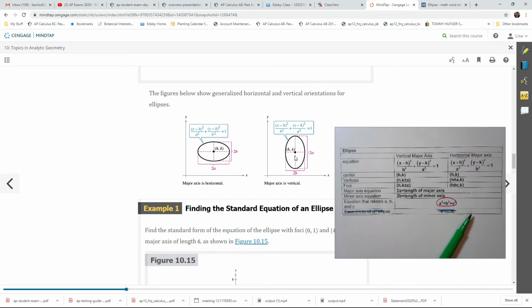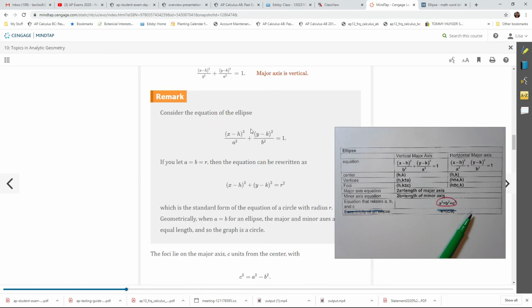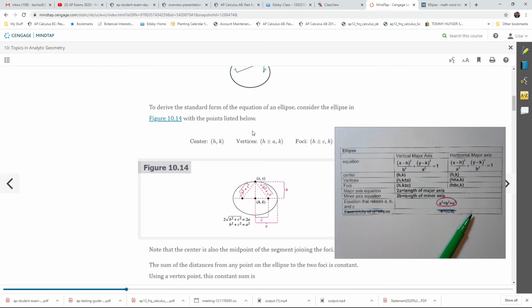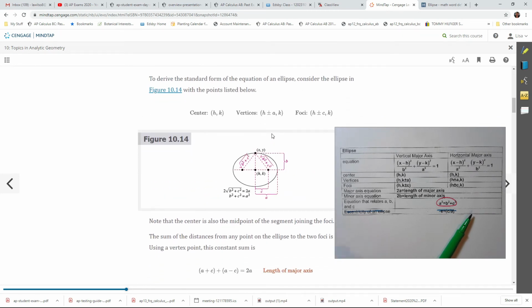Remember that picture with the a, b, and c? So again, back up here, this one. Remember, if this whole thing is a, then the length of this is 2 times a. A plus a is 2a. B plus b is 2b. So 2b is the length of the minor axis.